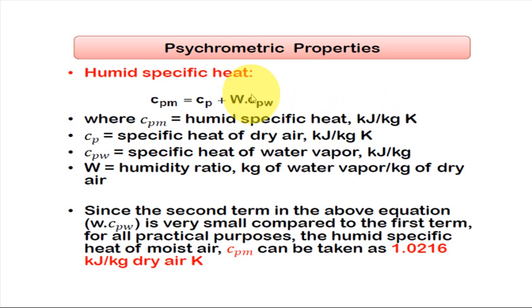So for all practical purposes, we consider the humid specific heat equal to 1.0216 kilojoule per kg Kelvin of dry air.